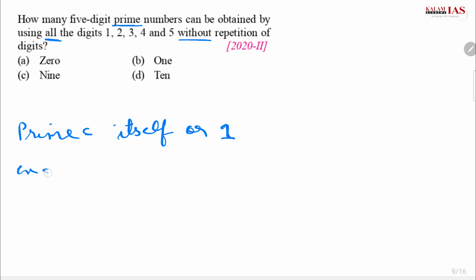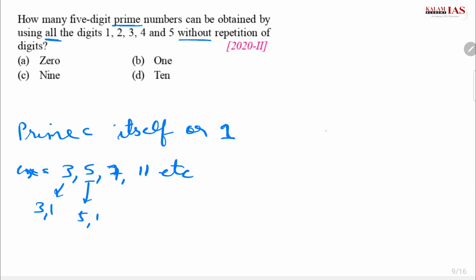For example, 3, 5, 7, 11, etc. You can see 3 is just divisible by 3 or 1, 5 is divisible by 5 or 1, because these cannot be divided by any other number. They are known as prime numbers.